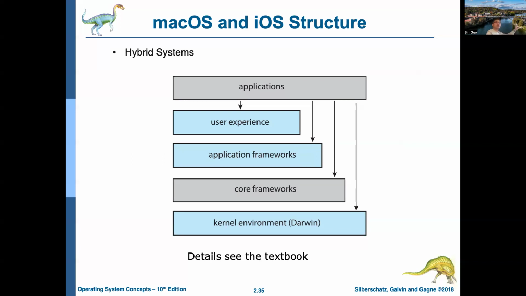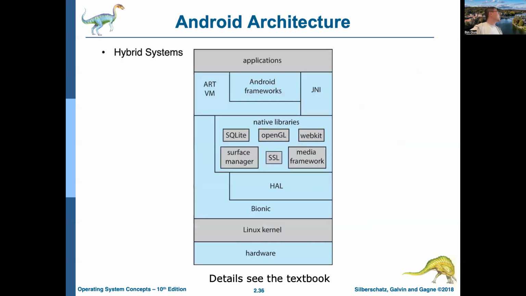The user has the user space and the kernel space has different layers. The application framework may include some database framework and other frameworks that support this system, in different layers. And this is Android.